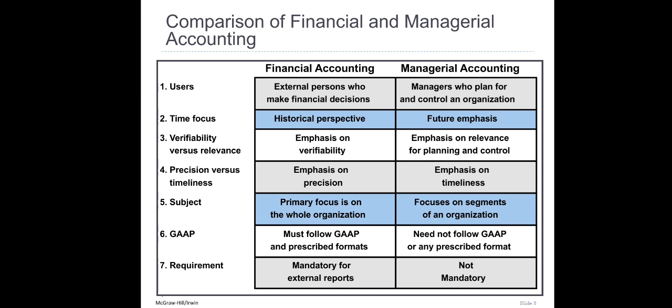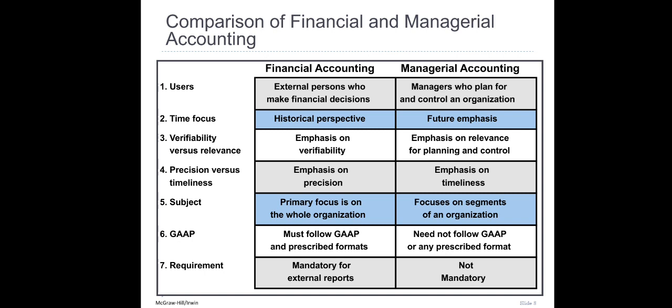But for management accounting, see here in this slide, the emphasis is on timeliness. The logic is like this. Remember, management accounting is done for managers. A management accountant works under managers, so the emphasis is to do things quickly.